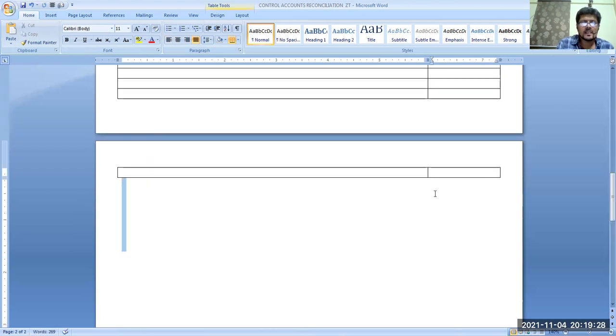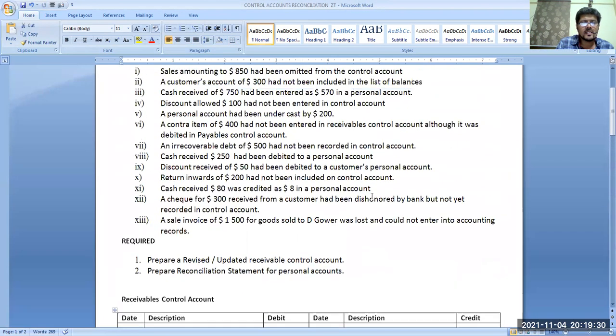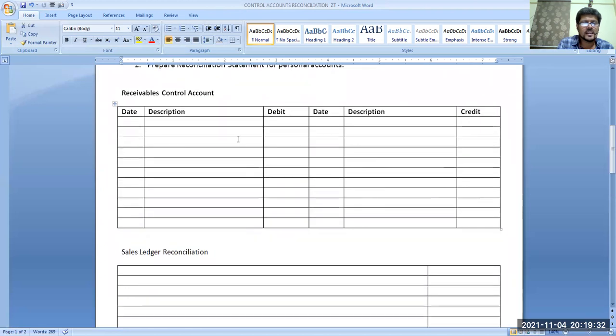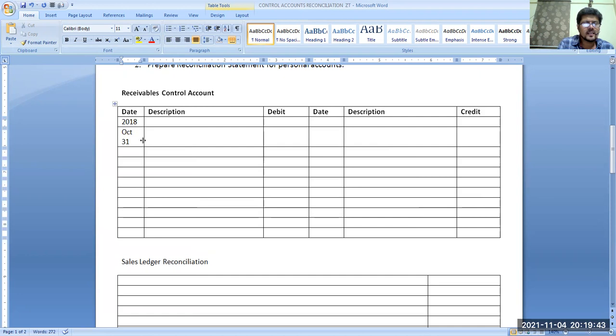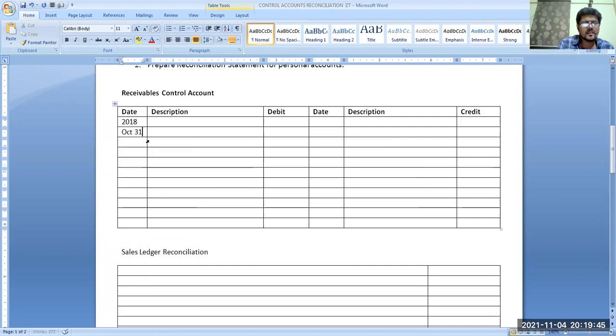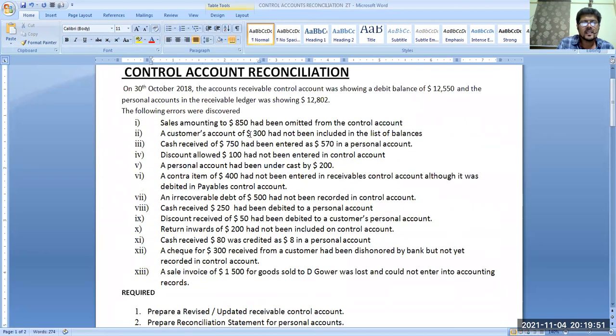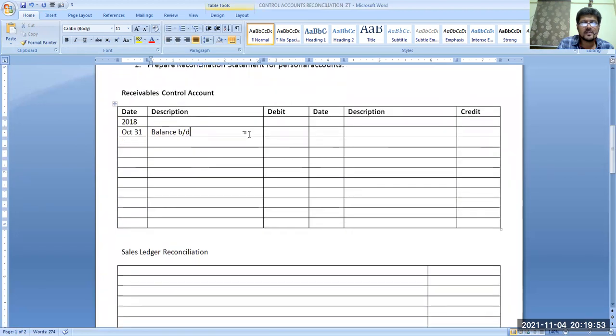Now, see, on the 30th October 2020. So we write here 2020. Balance down. It's 12,550.